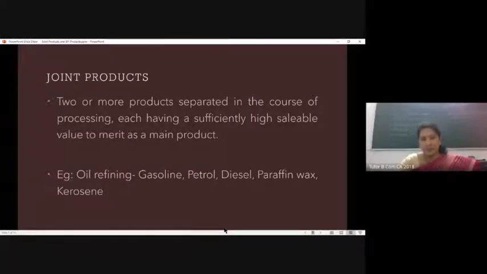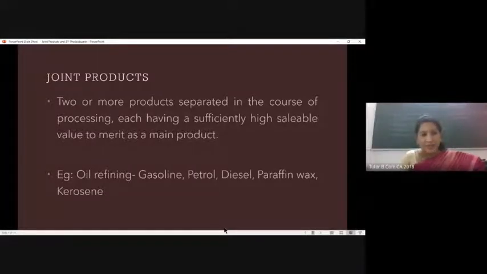So it's a single process, two or three products. They have an identifiable value. In this context, the cost concept becomes apportionment. The cost needs to be apportioned between the products which have come through this process, right?